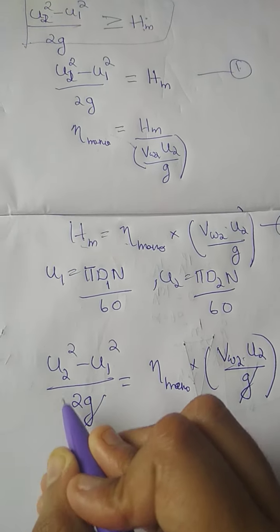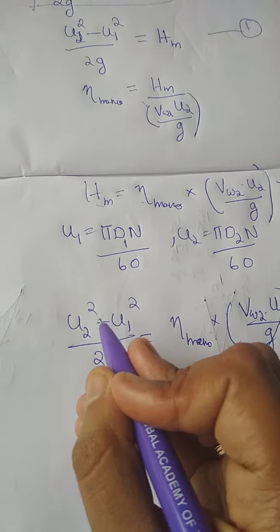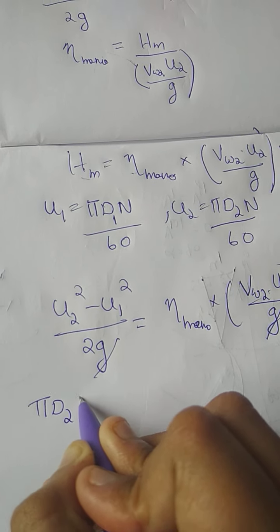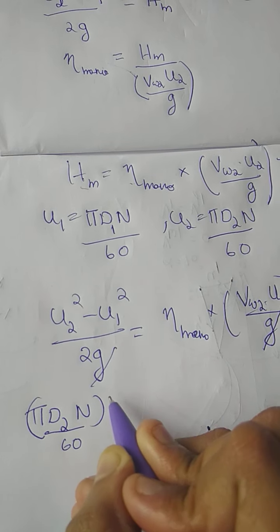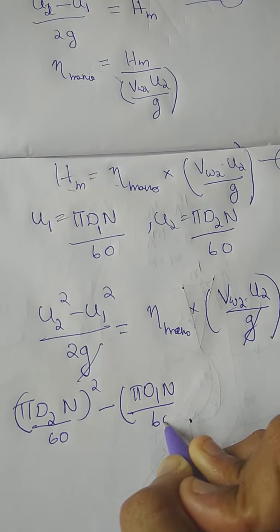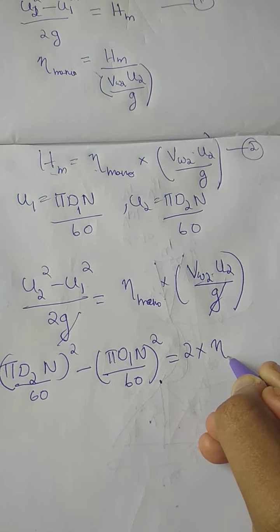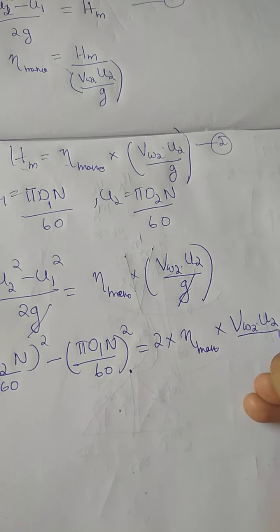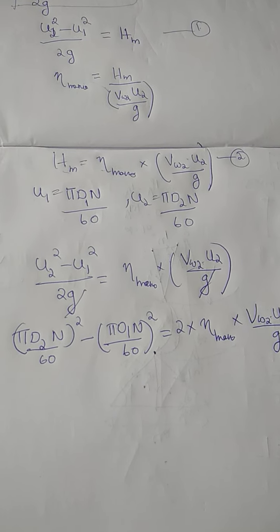What is left is u2 square minus u1 square equals 2 into eta mano into Vw2 into u2. Instead of u2 and u1, I am writing pi d2 n by 60 the whole square minus pi d1 n by 60 the whole square equals 2 into eta mano into Vw2 into u2. Very simple derivation as of now.